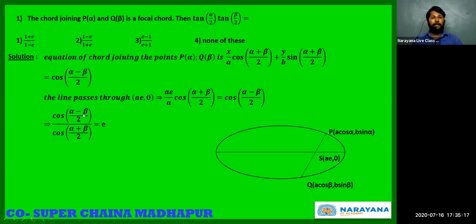Cos(theta minus phi) is cos theta cos phi plus sin theta sin phi, exactly the terms we have here, except here they're getting added and here they're getting divided. Similarly, the other will have cos theta cos phi minus sin theta sin phi. So they're getting added and subtracted, but we want division.